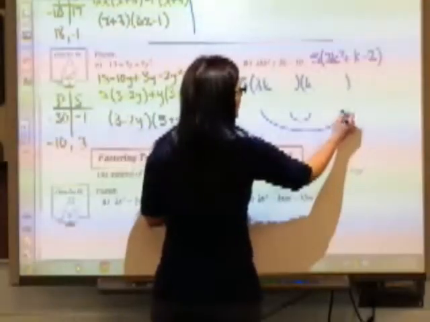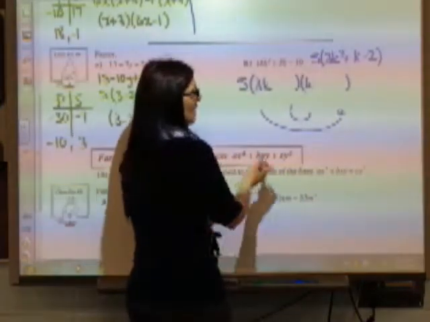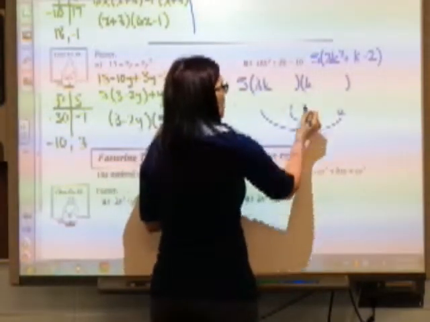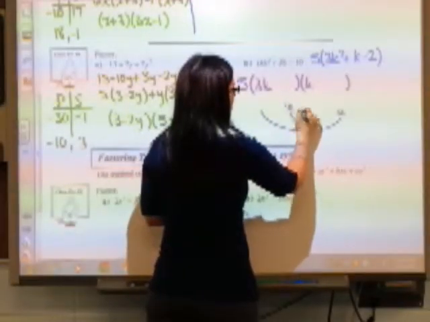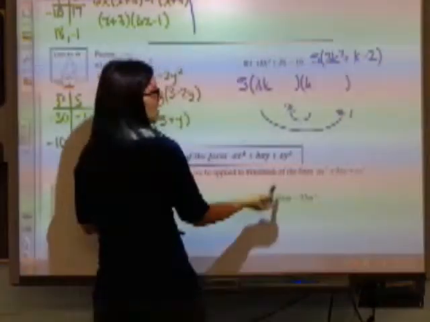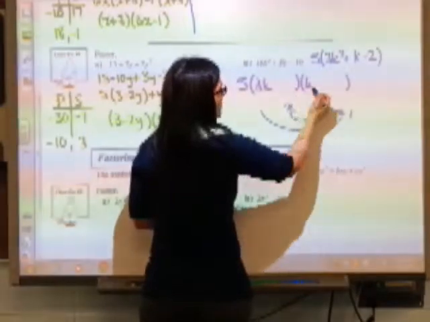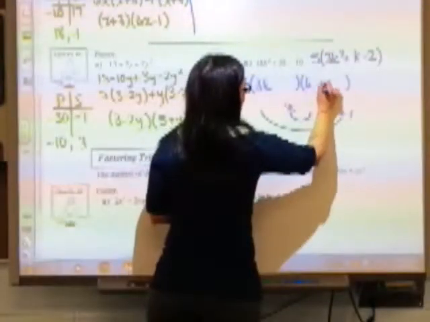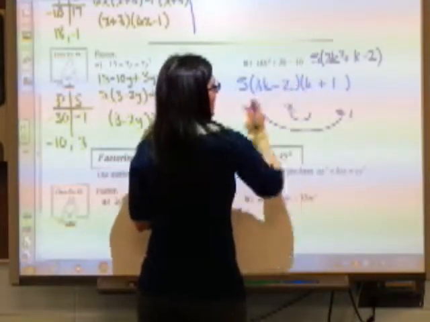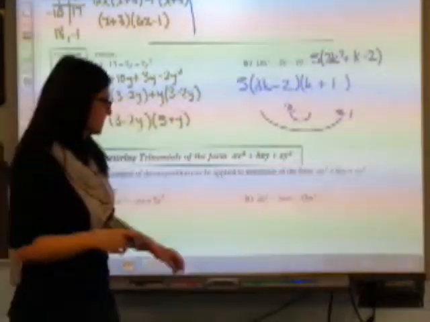So if I put the 2 here and the 1 here, I get 6 and 1, which gives me a 5. If instead I go 2 and 1, I get 3 and 2. The difference is going to be 1. I want a positive 3 and a negative 2.